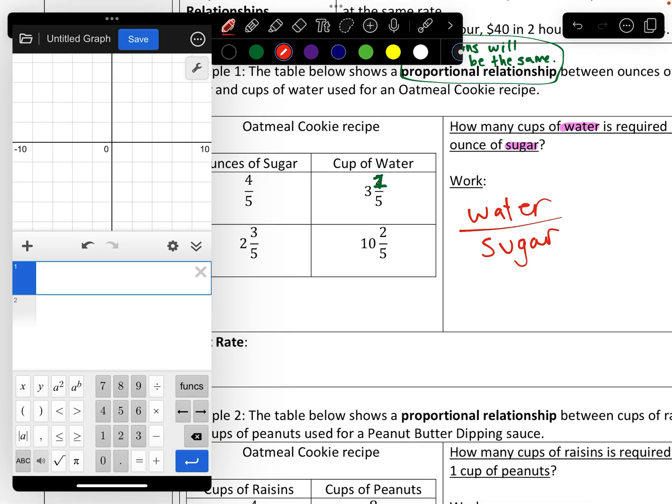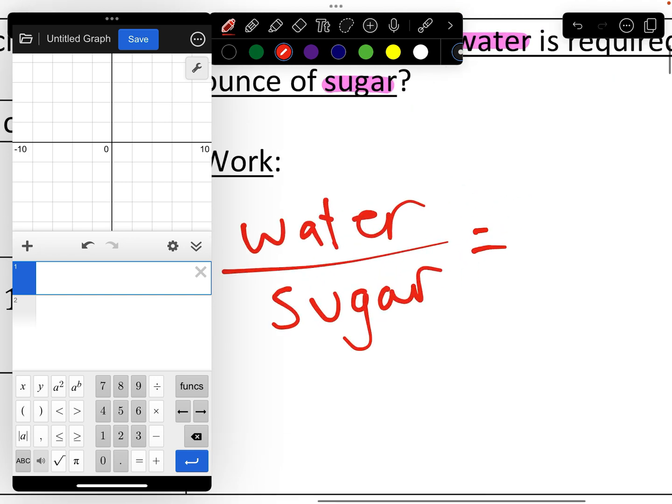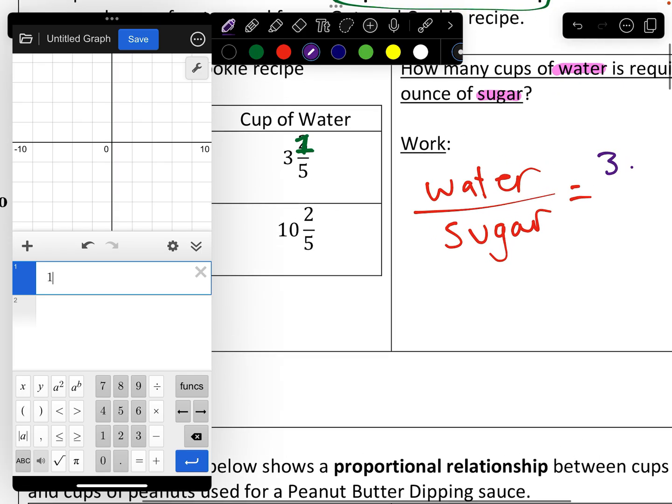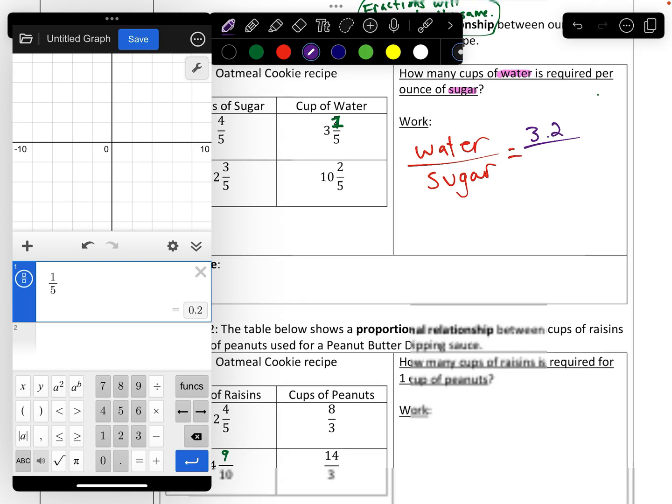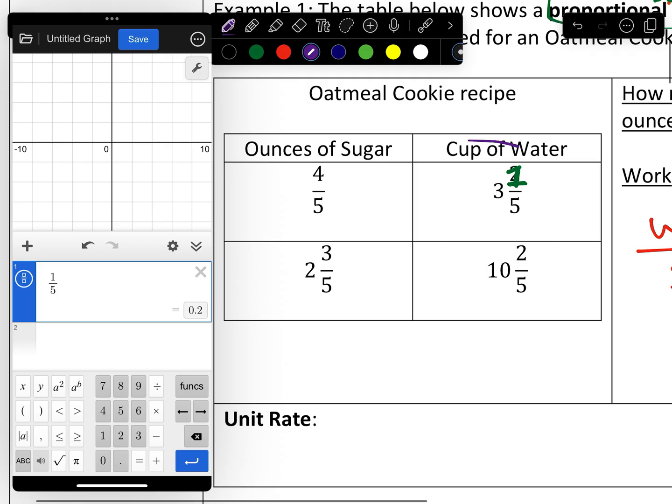So we know that the 3 is going to be in front no matter what. It's the decimal that we need, so let's do 1 divided by 5. 0.2, cool. And then on the bottom, we know that these are the set of numbers we chose. We're going to do 4 over 5, which is 0.8.